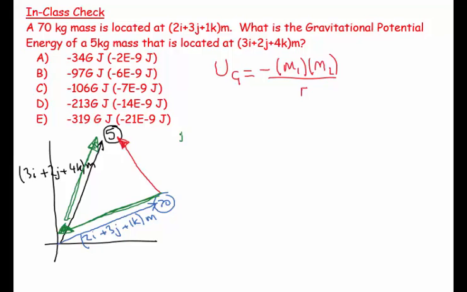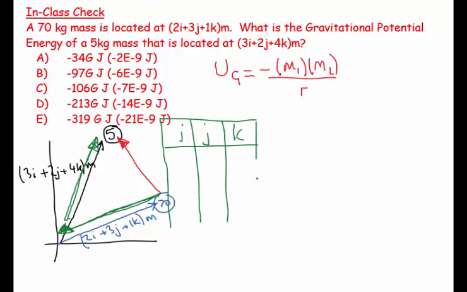And I can figure that out actually. I can do a table i, j, k. I'll leave this all in green so that we know it's all about this diagram. And for the first step, I don't want from the origin to the 70 kilogram, which is what the blue vector is. I want from the 70 back to the origin, which is what the green vector is. So rather than having plus 2, I would have minus 2. And rather than having plus 3, I'd have minus 3.